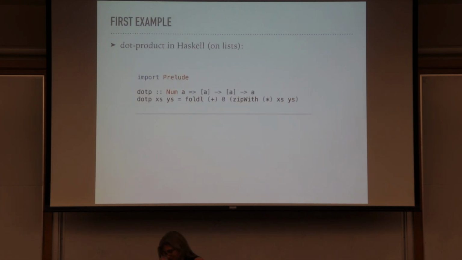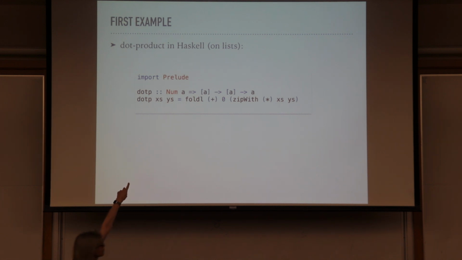So, one simple example of an accelerate program, but this is actually not an accelerate program, this is just a regular list dot product. So, dot product multiplies pairwise the elements of a list and then computes the sum.